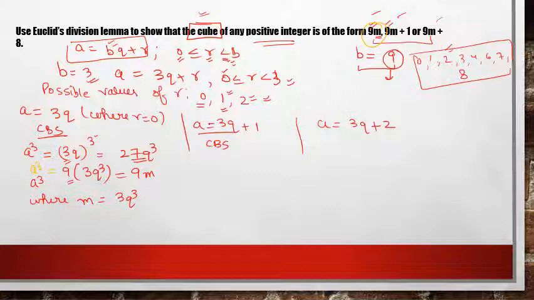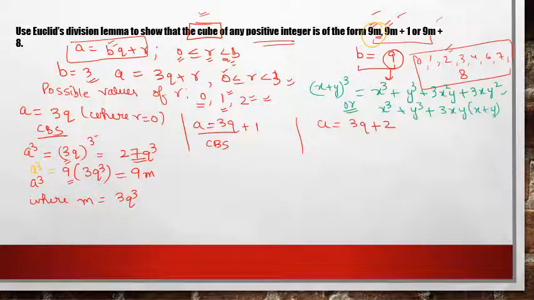Now may I ask you, what is the formula of x plus y whole cube? It is x cube plus y cube plus 3x square y plus 3xy square, correct? Or you may have studied this way, x cube plus y cube plus 3xy into x plus y. Both are equal, but we are taking the most expanded form, which is this, right?